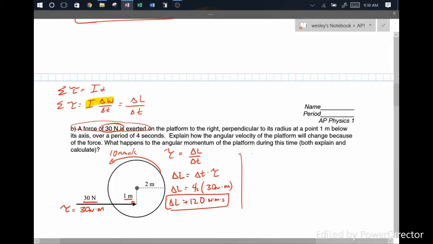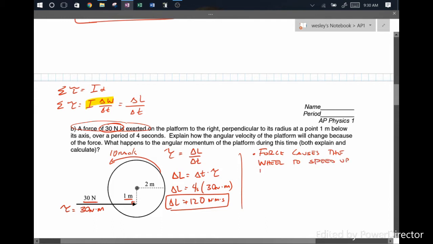So to explain that, the force is going to cause the wheel to speed up in the counterclockwise direction because it is a counterclockwise torque.